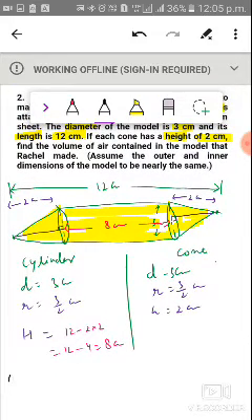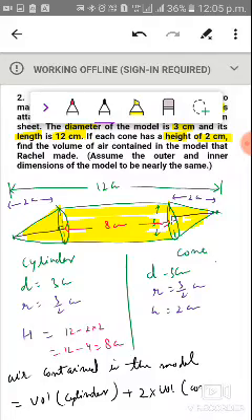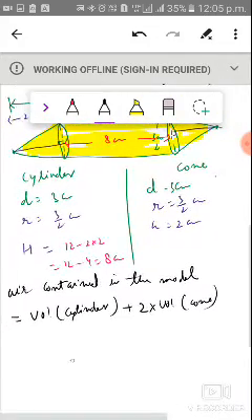Therefore air contained in the model will be equals to volume of cylinder plus volume of cone, and there are two cones, right? So 2 multiply volume of cone. Okay, right? So volume of cylinder is what?